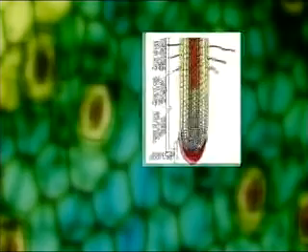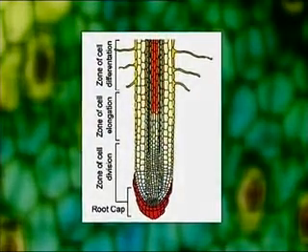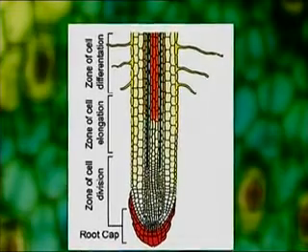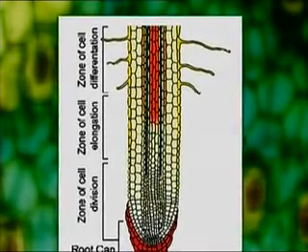The number of initials varies according to species, but they are almost permanent in position and divide continuously, producing at each division one cell that continues to act as an initial and one derivative cell.